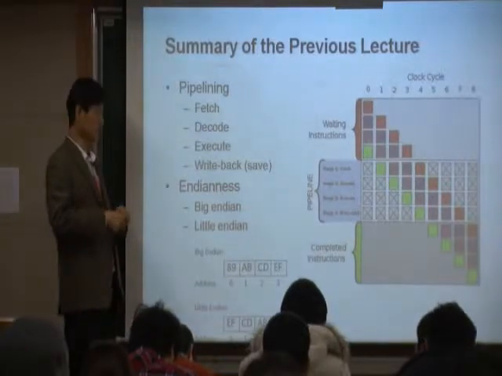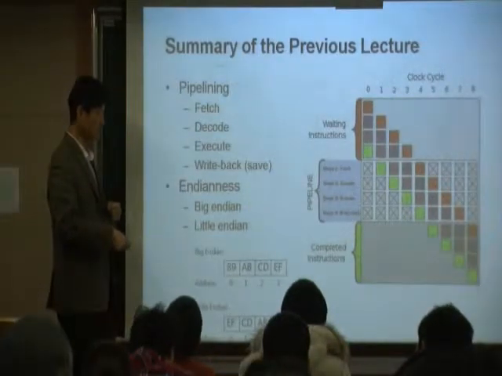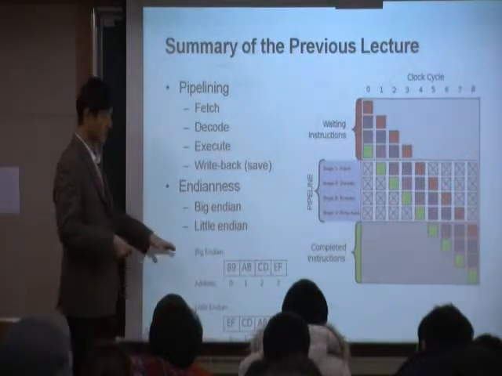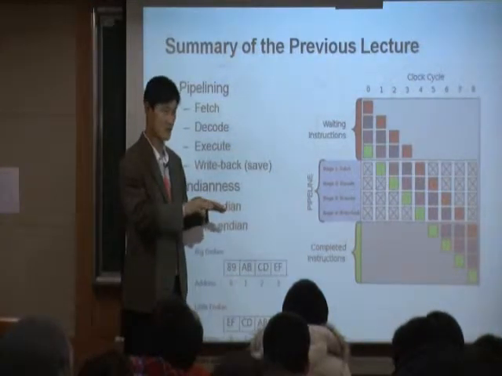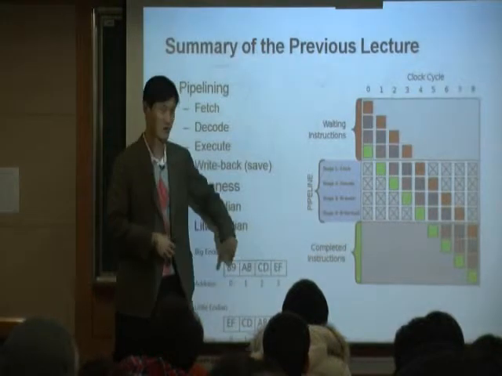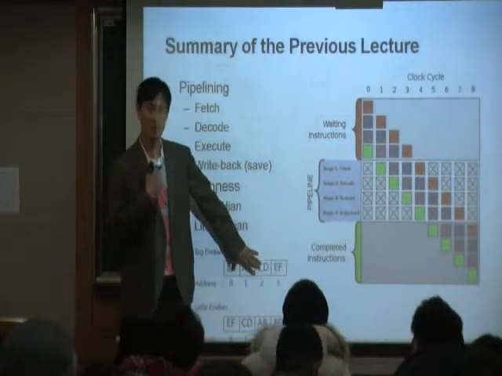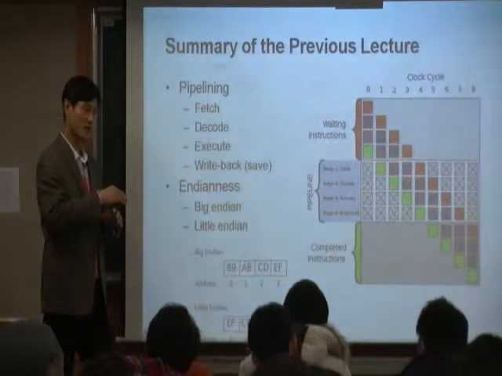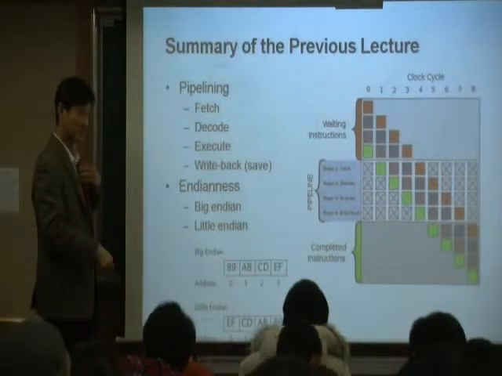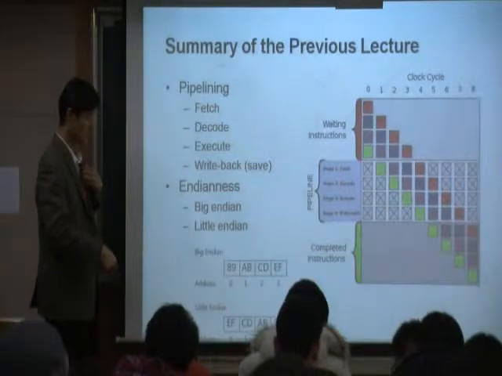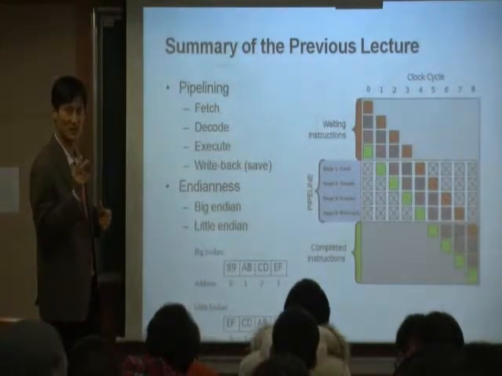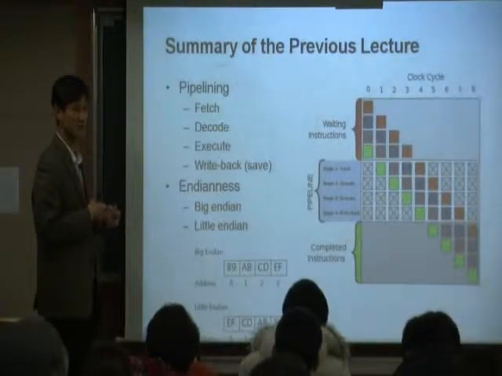Maybe one advantage is that big endian is a little bit easier for us to read, because this is exactly the order in which I write my value. So it's a little bit easier for us to look at. In this case, it's the reversed way. So for us human beings, it's not as easy to read. That's the difference. Other than that, there's not much difference.